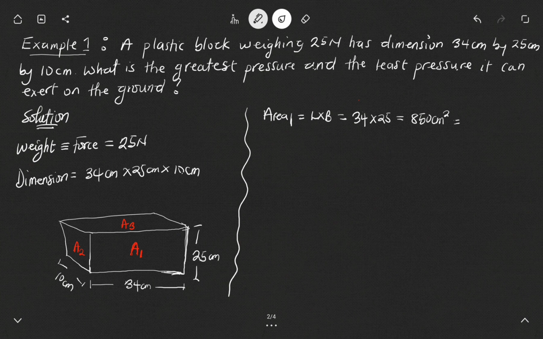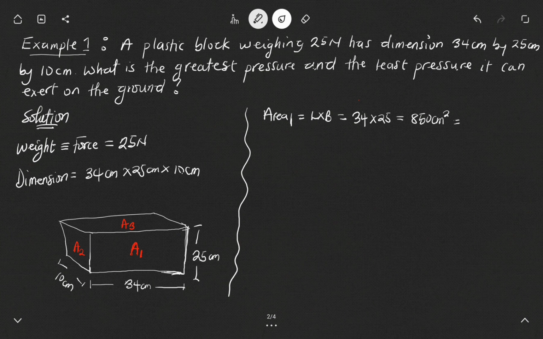Now remember, we said that the area is supposed to be in meters. So if you like, you can convert the 34 centimeters to meters first, then the 25 centimeters to meters first before you do the multiplication, and then you get your answer. Else, you would have to convert 850 centimeters squared here to meters squared.